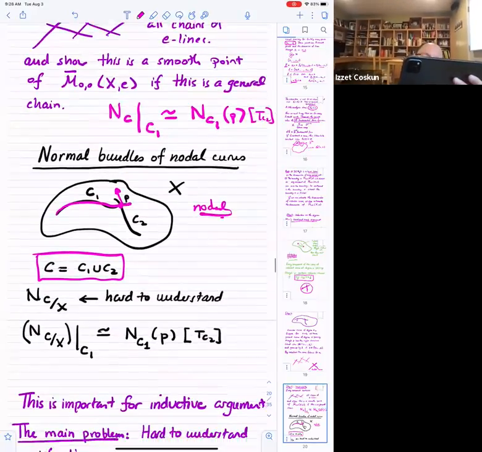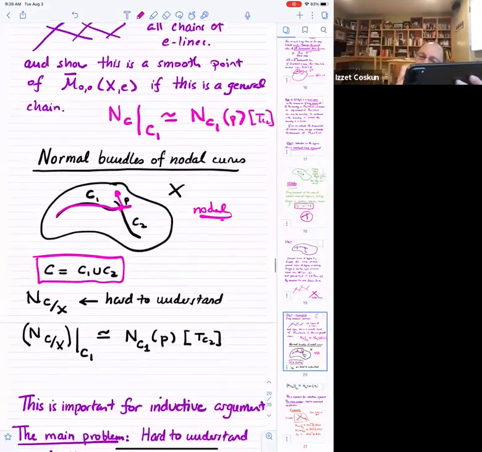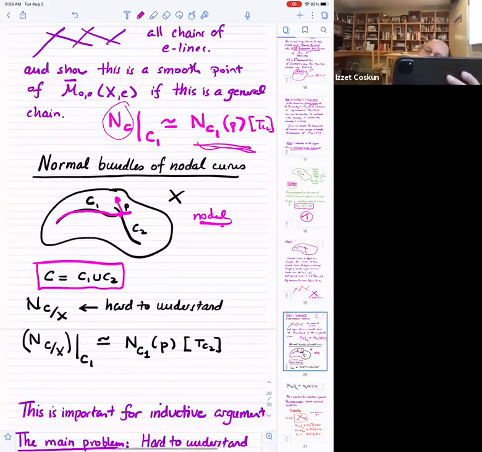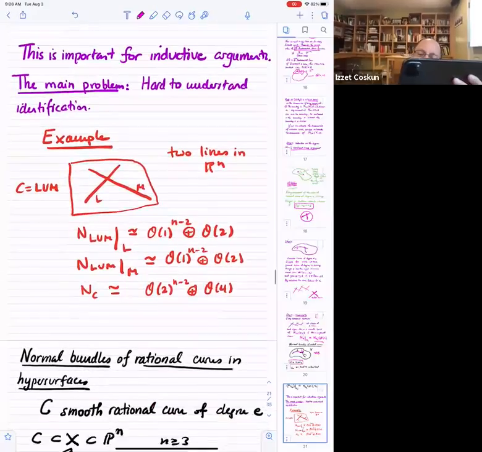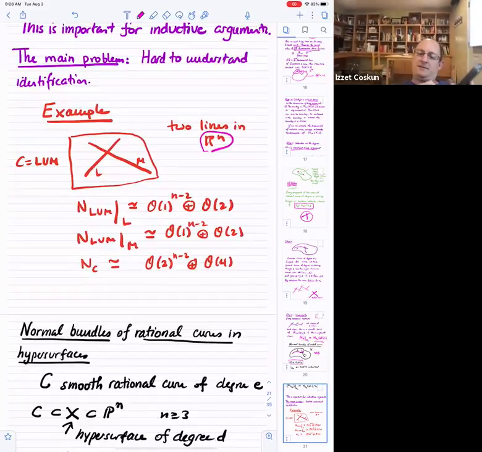All right, there is an important problem here. This description tells you what the normal bundle of the union restricted to each component is, right? But it doesn't tell you what the identification is. So let me give you an example. Suppose that we have two intersecting lines in P^n, okay?